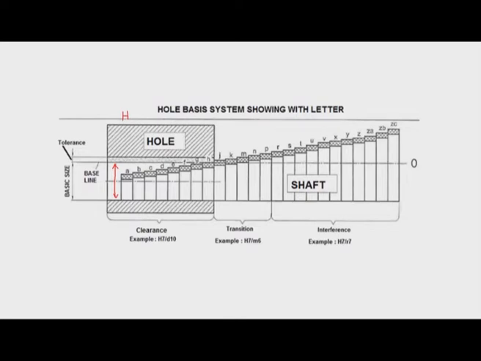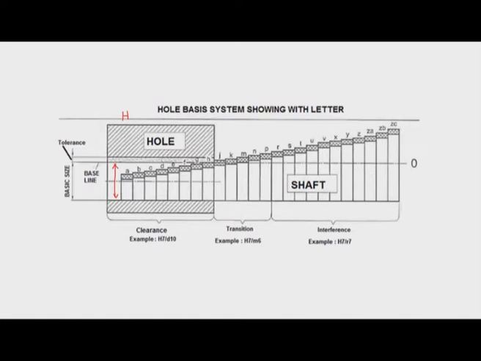Now we can see that we have varying shaft sizes. We have A shaft, B shaft, C shaft, like this. So up to H we can have a clearance fit. For example, one example is given here, H7 D10.